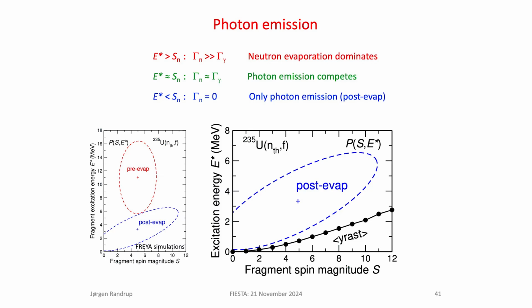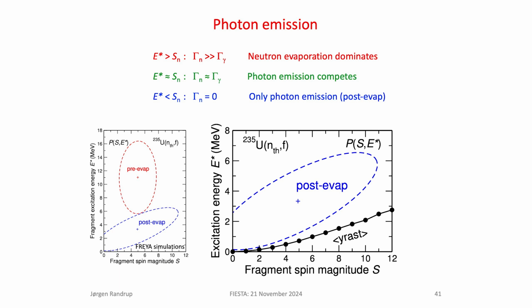What I told you about is that we come in after scission and we have a distribution of angular momentum and excitation energy in the fragments like this, and now we do neutron evaporation and we wind up with a distribution like this. Here it's blown up, and here is drawn a little bit by hand the so-called Yrast line. If the excitation energy is way above the separation energy, then the width for neutron emission is much higher than the width for gamma emission, so the neutron evaporation dominates.